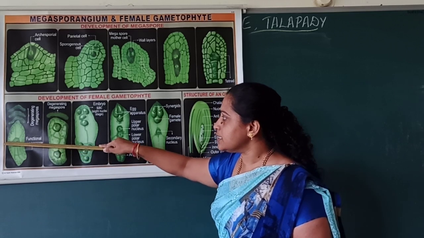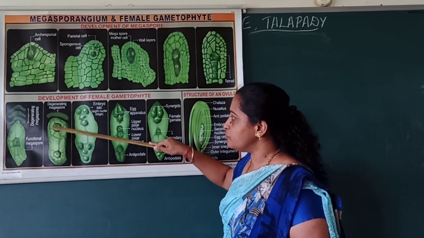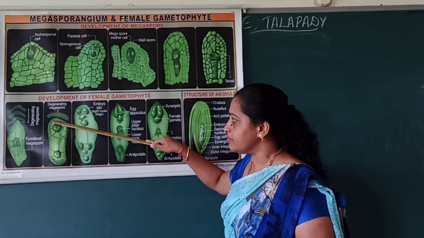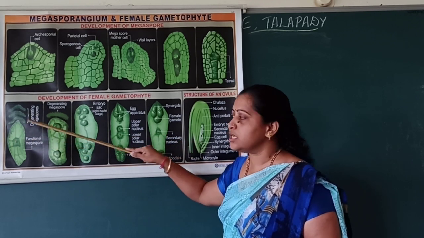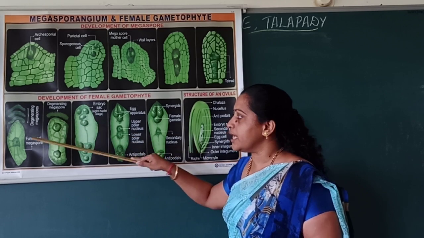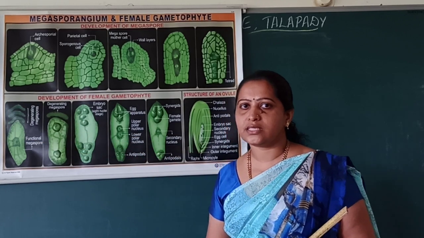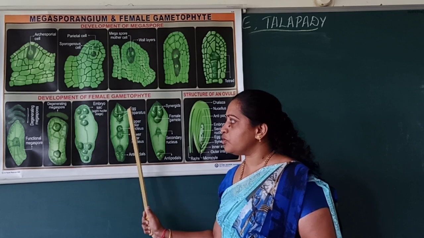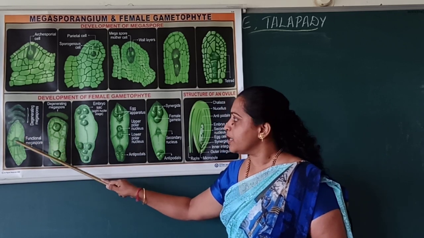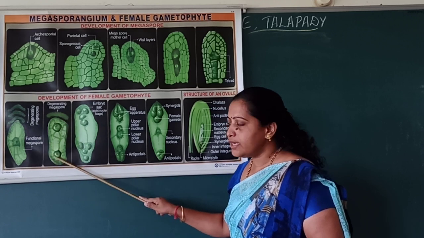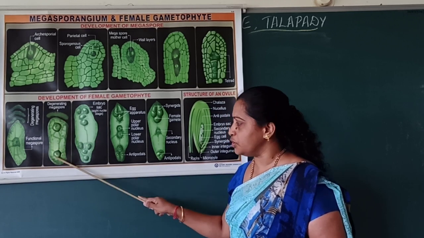So this nucleus undergoes division to form two nuclei. Remember that in this type of division, there is only nuclear division and there is no cytokinesis taking place. So in monosporic development, the nucleus of a single functional megaspore undergoes nuclear division to form two nuclei.